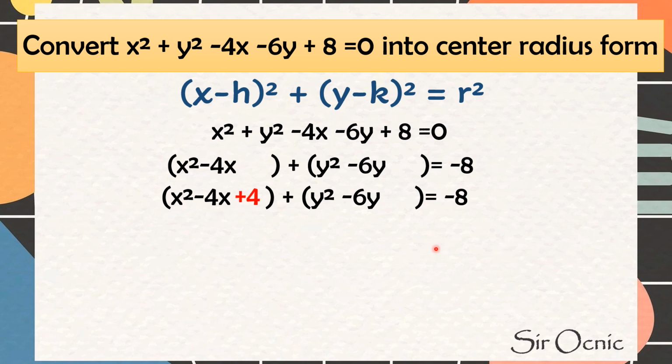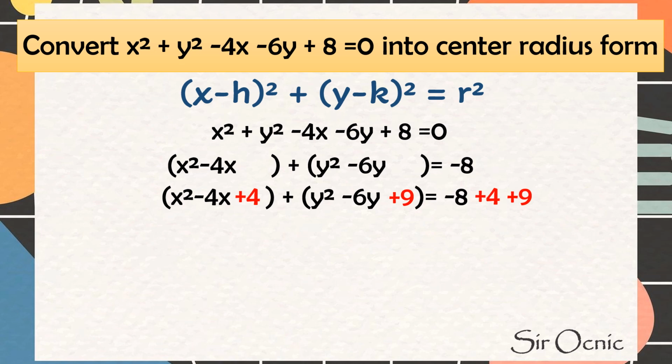You also add positive 4 on the right side of the equation to make the equation balanced or equal. On the next trinomial, that is equal to -6 over 2, which is equal to -3, squared, and that makes positive 9. You also add positive 9 on the right side of the equation.